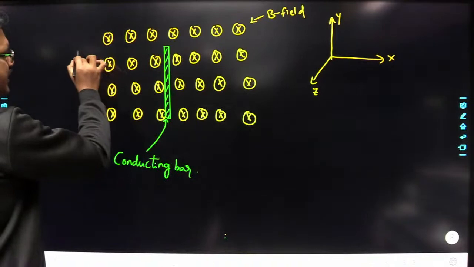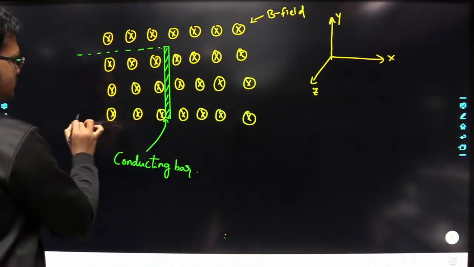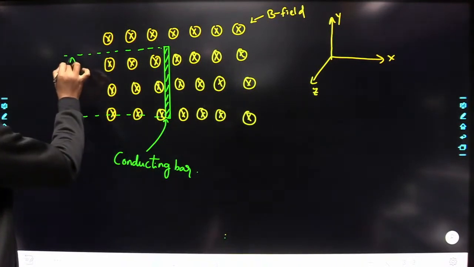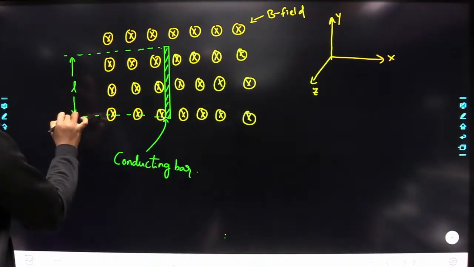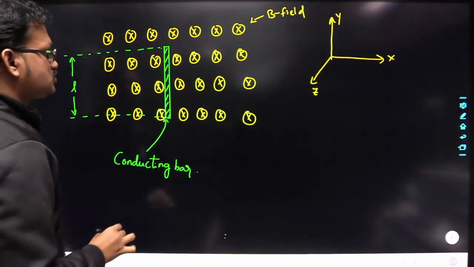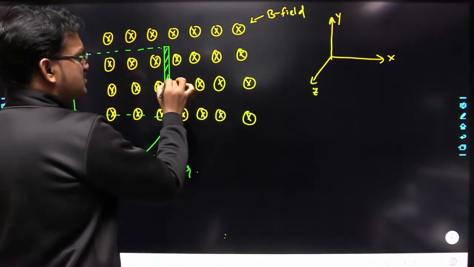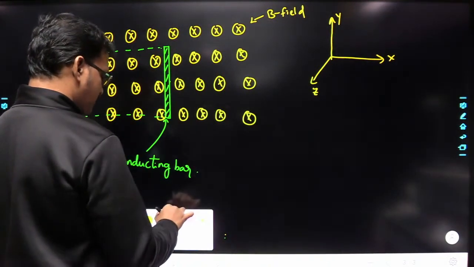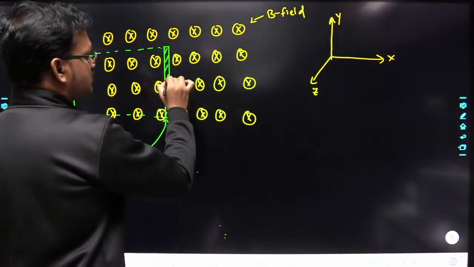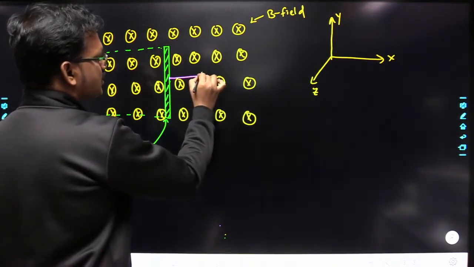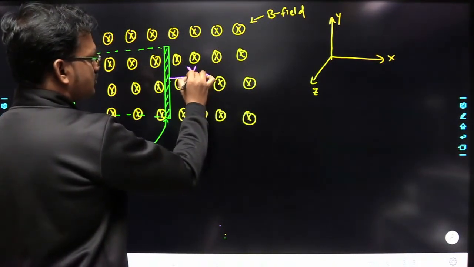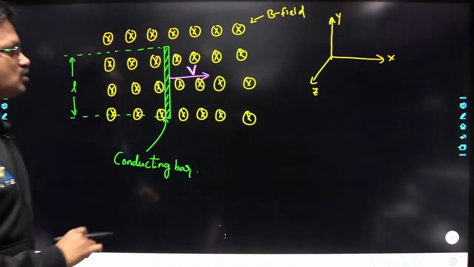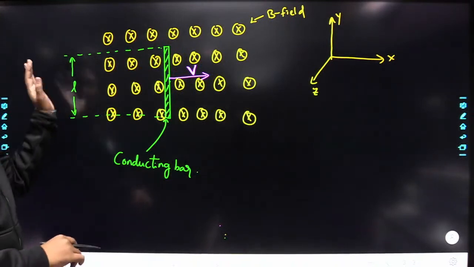Its length, the length of this conducting bar, is L. Let us say this conducting bar is moving with velocity v in this direction. So I have taken a conducting bar of length L.